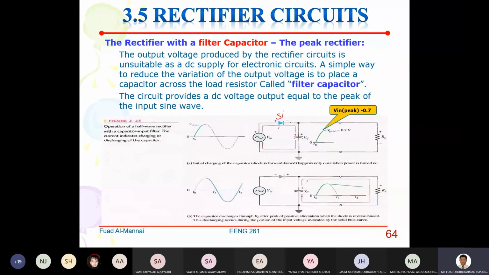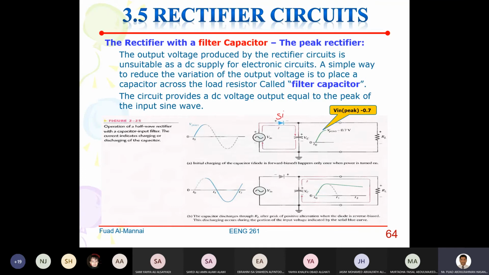reverse biased because the cathode is greater than the anode. As long as the cathode is greater than the anode, this diode will be off. So from here to the end, the diode is off, completely open circuit, and therefore the output will see only the voltage across the capacitor, and the capacitor will discharge slowly, and therefore the output will be like this.